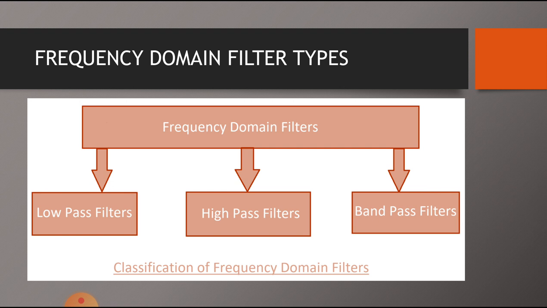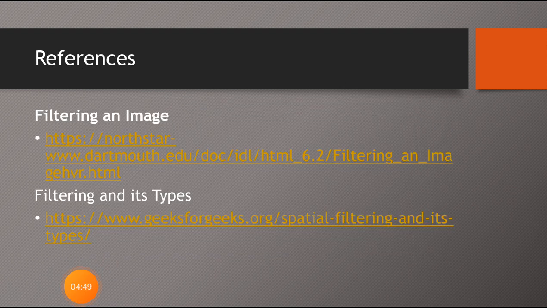The same thing happens in images also. In low pass filtering, we take a certain frequency and then convert it back to the spatial domain. These are the operations we will be performing in MATLAB today. These are the references.